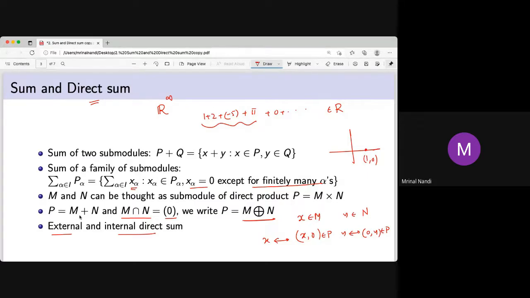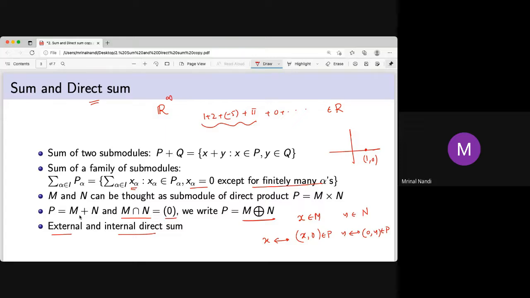Once we identify, then we can think of them as submodules. M and N are two different things. Now M is identified with M cross 0, M Cartesian product 0, and N is identified with 0 Cartesian N. Now M cross 0 and 0 cross N are submodules of P, where P is M cross N.